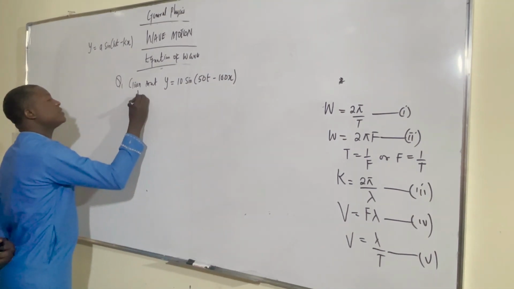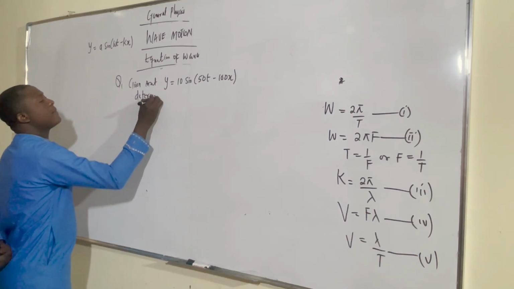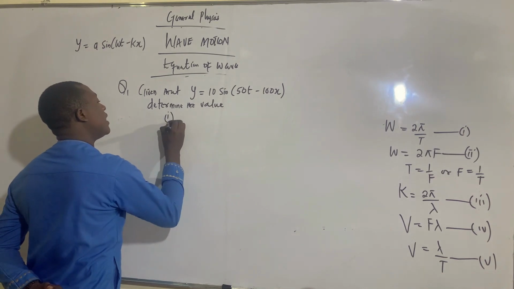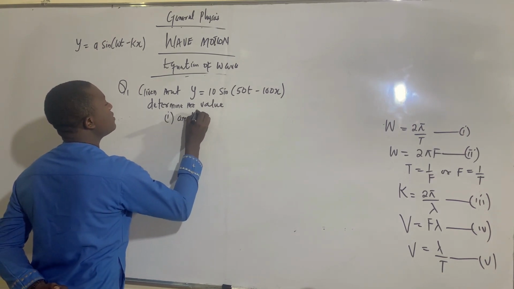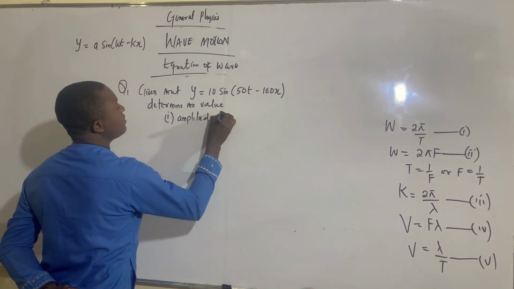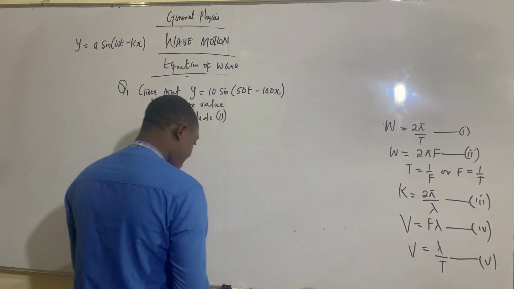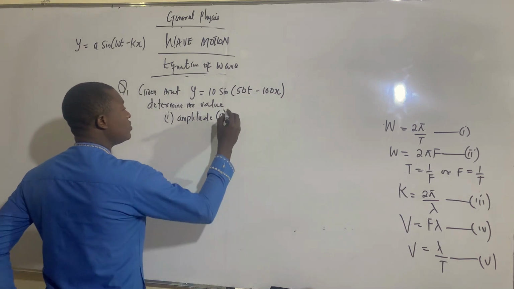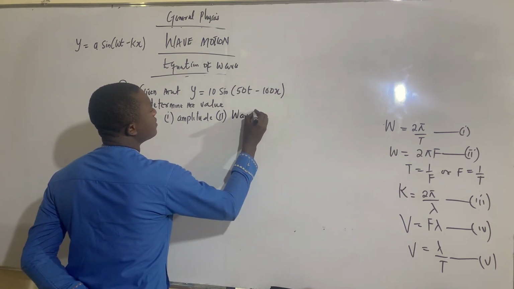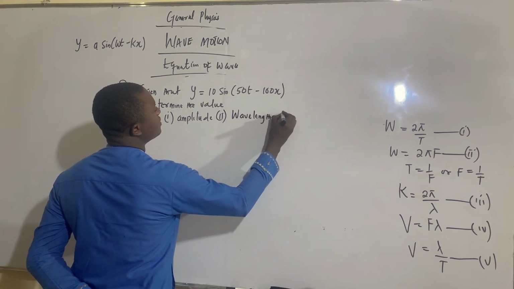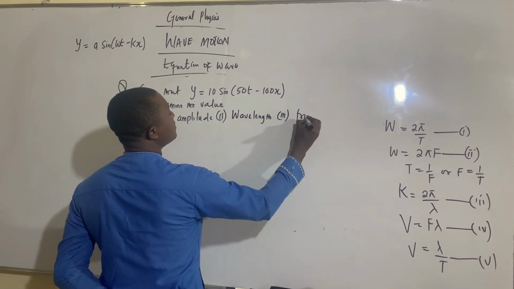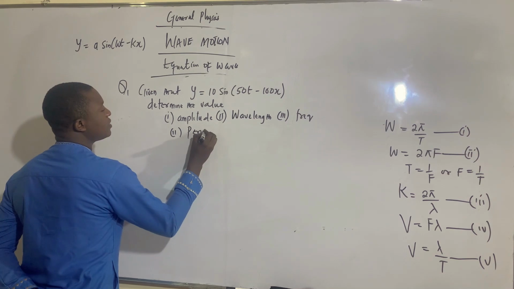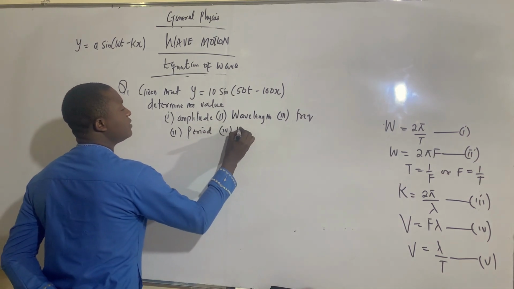So determine the value of, figure 1, amplitude; figure 2, wavelength; figure 3, frequency; figure 4, period; figure 5, the wave speed.